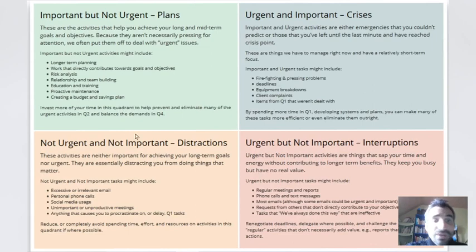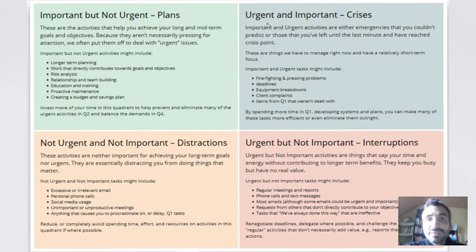So you can make this kind of matrix like Roosevelt, and you put here what is important but not urgent, and you have to plan when you will do that.